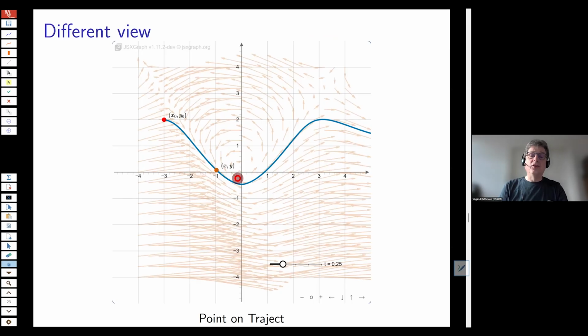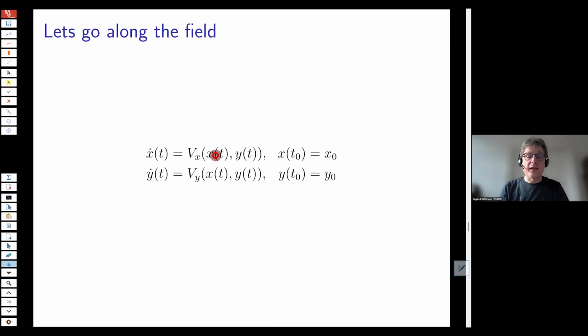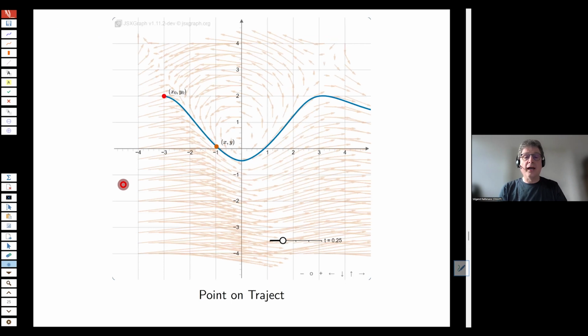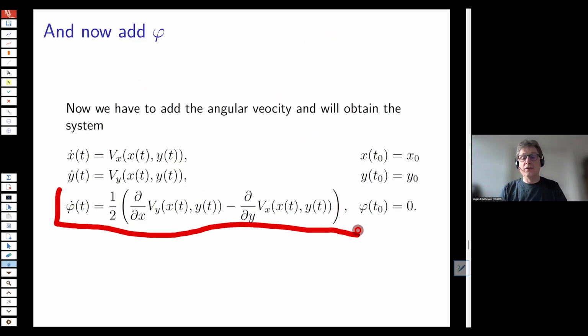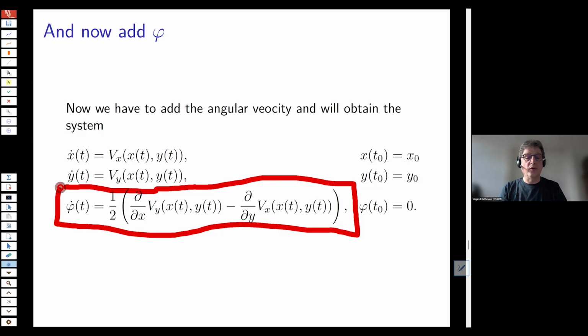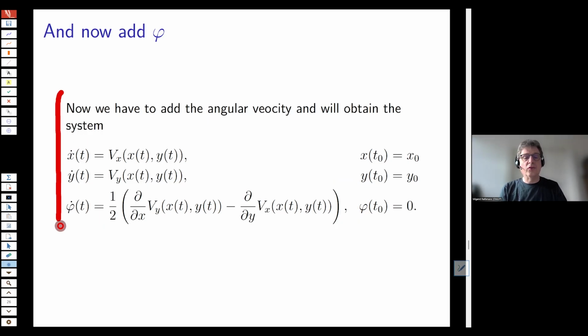What I have done to manage this, at first, I have a vector field. This is a differential equation. So I entered the path to ODEs. Then I can integrate along a vector field as I like. Then I have added here the equation for the angular velocity, and I can integrate all these 3 integrations at once.